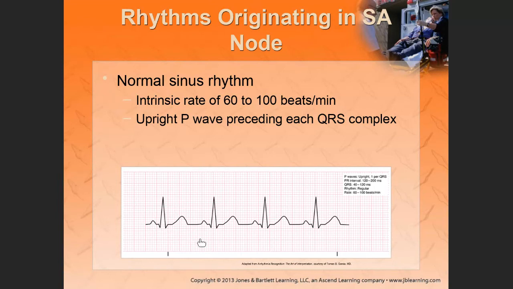Now quickly look at this rhythm and tell me if it is a tachycardia, a bradycardia, or a normal rate. It's a normal rate, right? And if I want to be exact, let me be exact: 300, 150, 100, 75, 60.